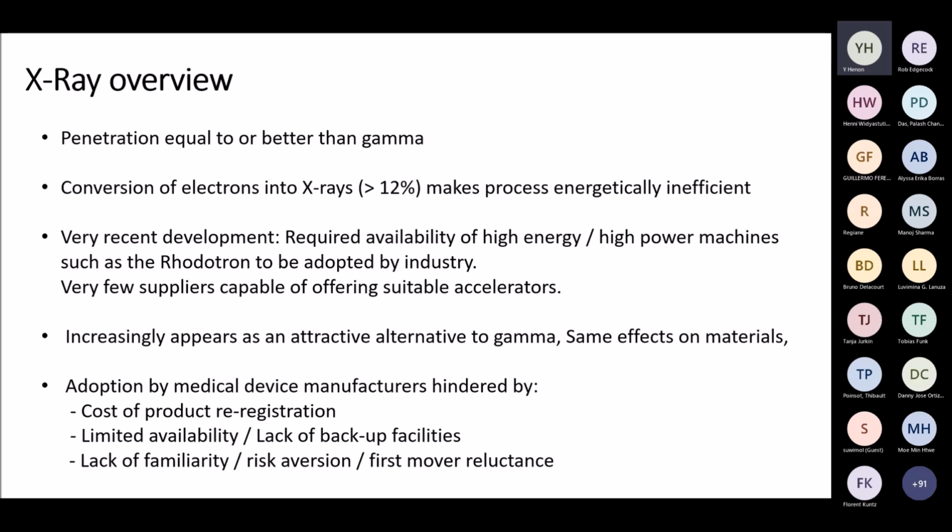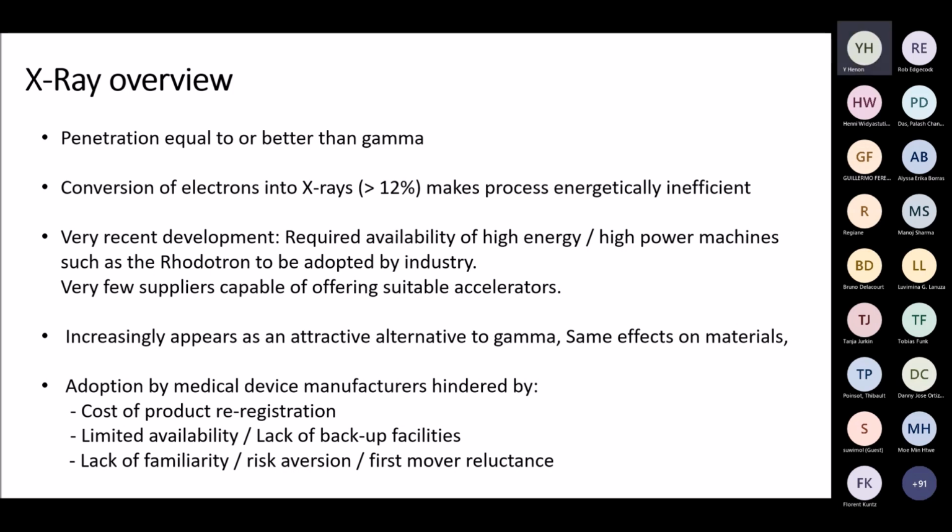So let's say 10 MeV is good for the accelerator, and since you get so little at the end, you need a lot of power to the machine to make it practical when you use it industrially.